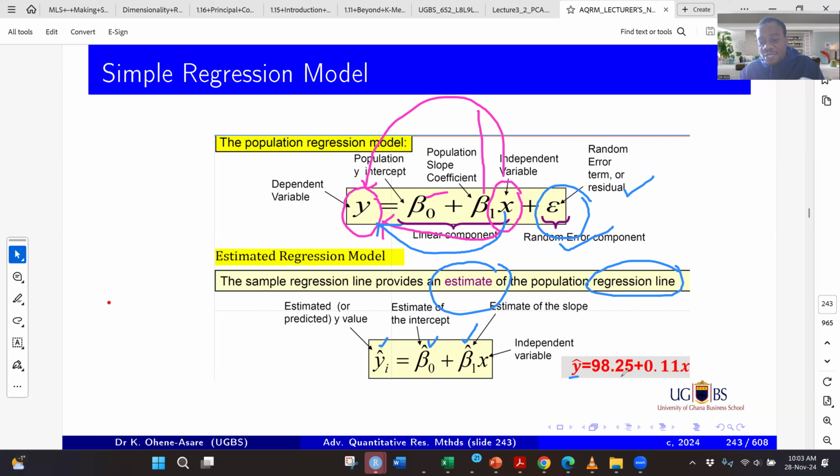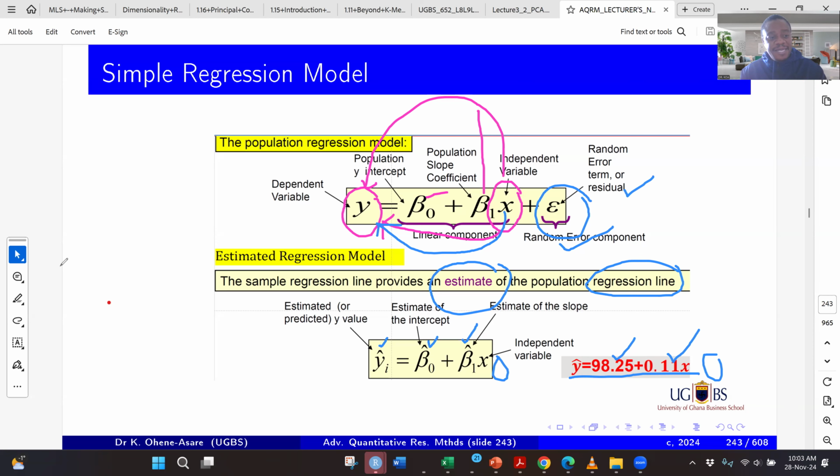So after going through some rigorous procedure, we have been able to obtain the actual value of beta naught and beta 1. Once you have this, it is known as the estimated regression equation. It's no longer the specified regression model. At that stage, the error term is gone. So when you have estimated the model, the goal is that you expect the error to be zero.